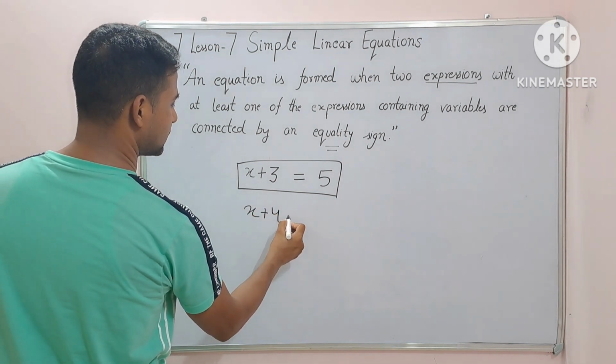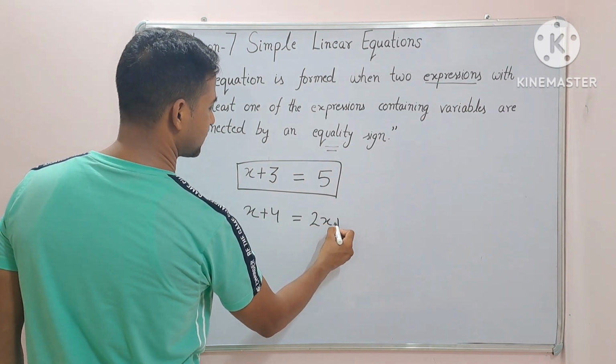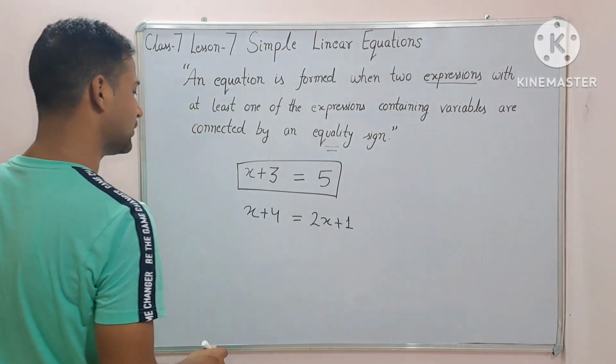x plus 4 is equal to 2x plus 1. This is also an equation.